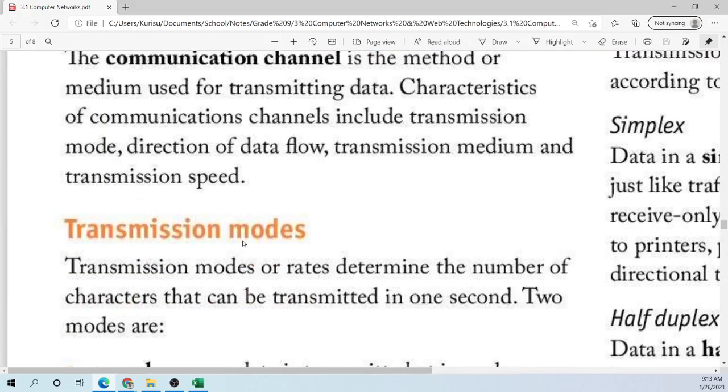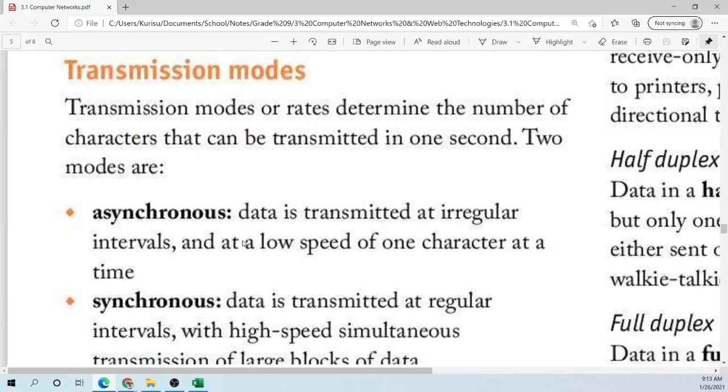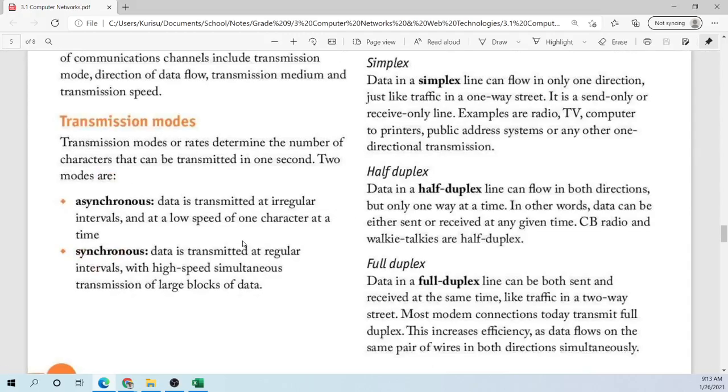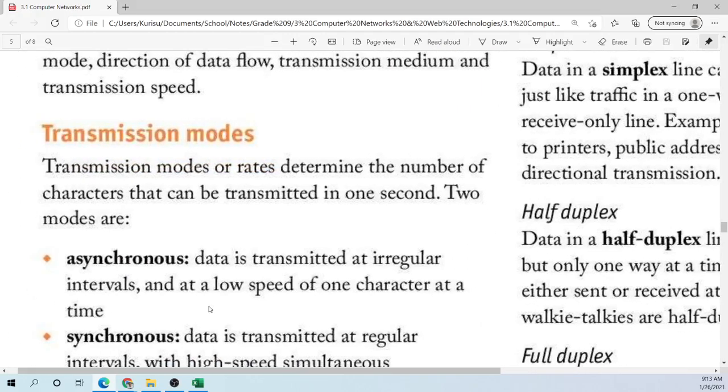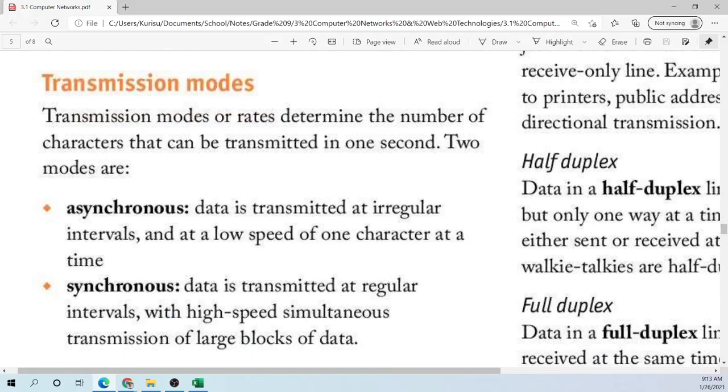So we can look at the first characteristic, that is transmission mode. Varshini, you can read that for us. Transmission modes or rates determine the number of characters that can be transmitted in 1 second.